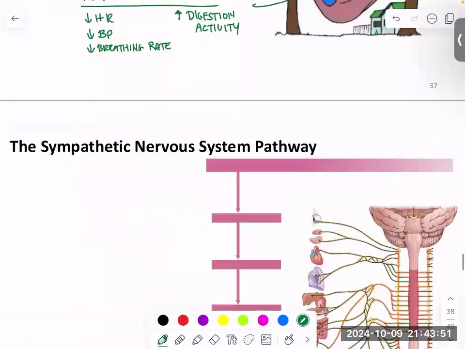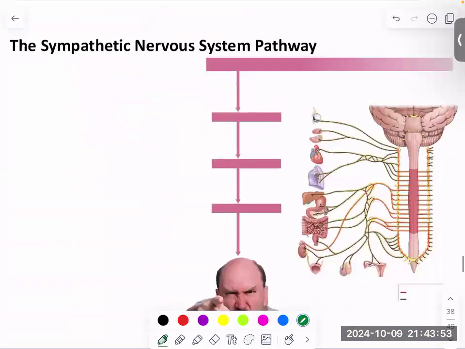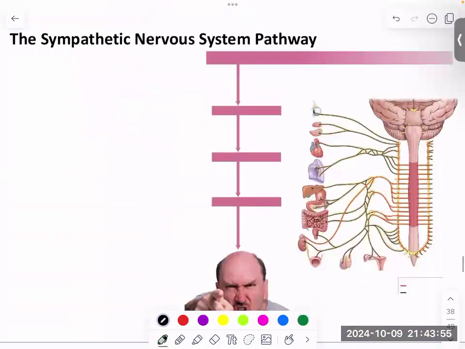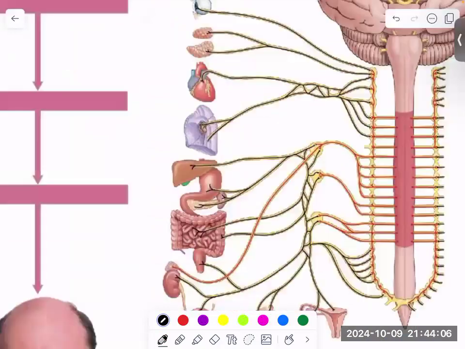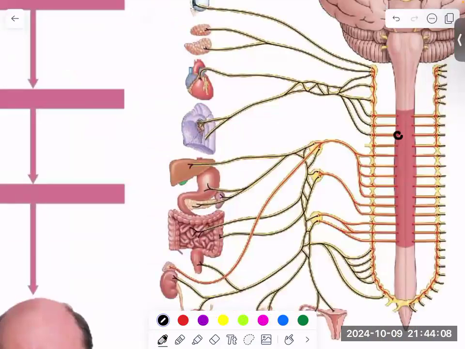The sympathetic division. This means short. What does that mean? Well, here you have a neuron that is recruited in the spinal cord.